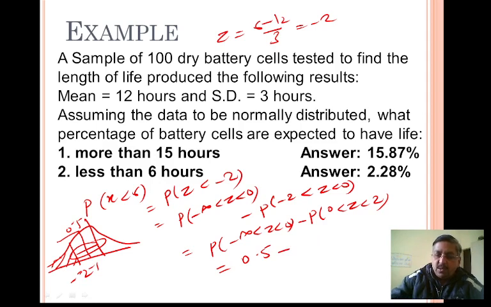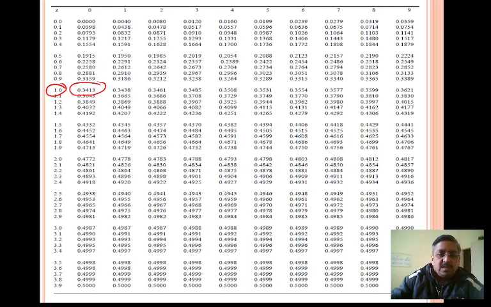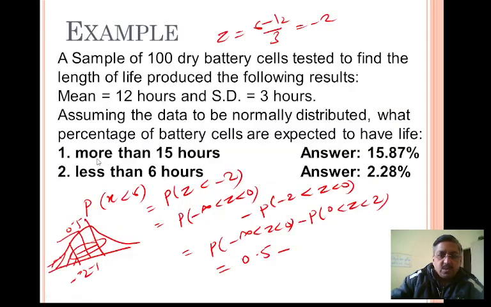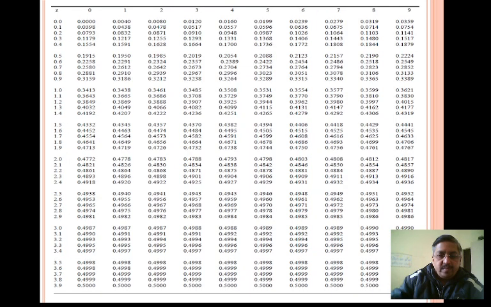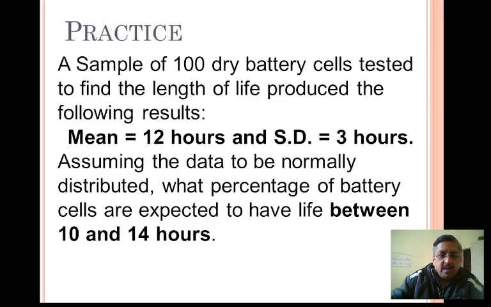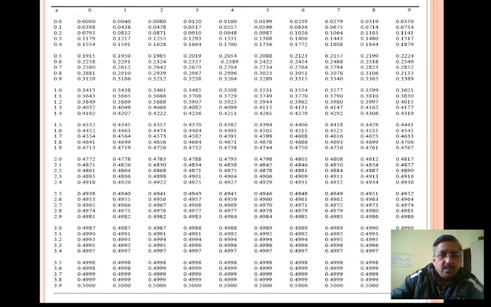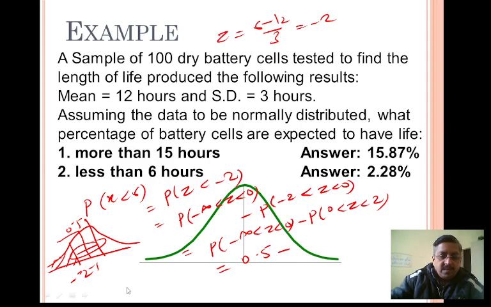Let me quickly go back to the table to find the value. So 0 to 2. Here you can see the table value is given as 4772, right? So 4772 is the value for 0 to 2. Let me write it down here: 0.4772, right?